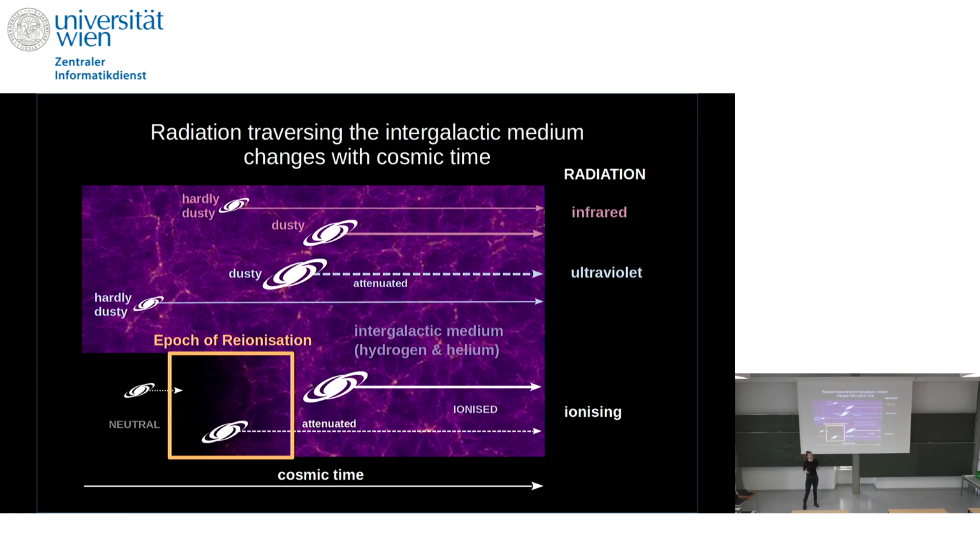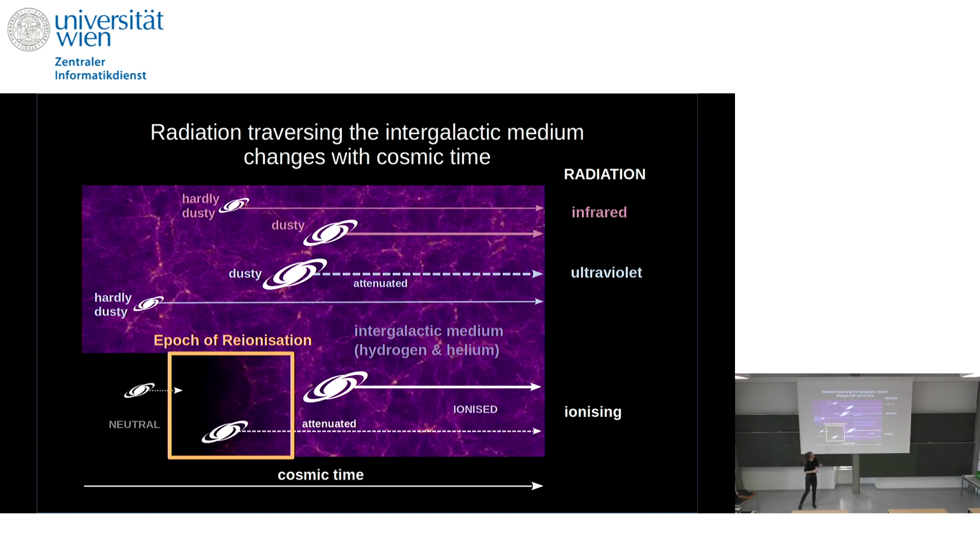If you go to the ultraviolet, it's slightly different. The low mass galaxies, theoretically, you would see them. They don't have much dust. But in a more massive galaxy, the dust absorbs most of the ultraviolet photons. So what is emitted in the ultraviolet is partially absorbed.